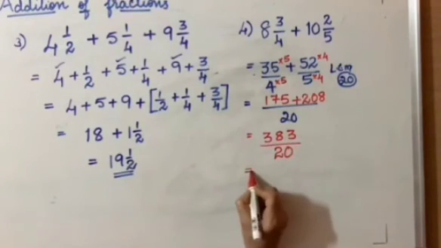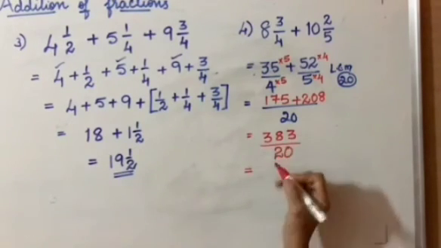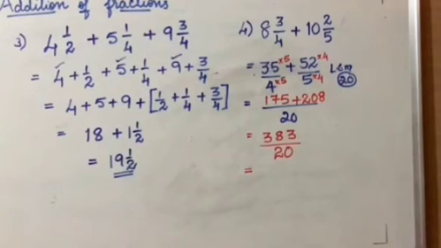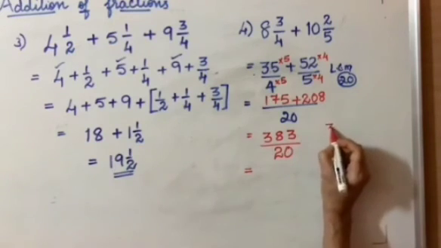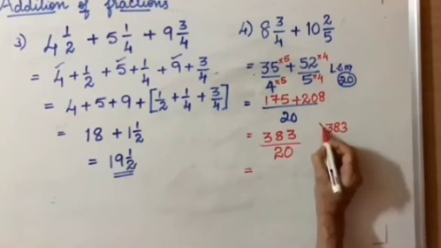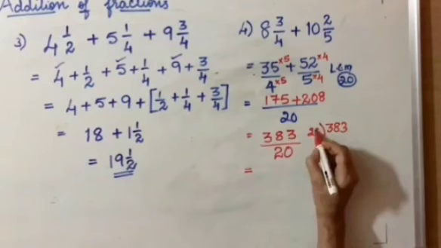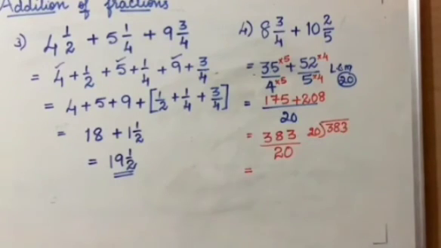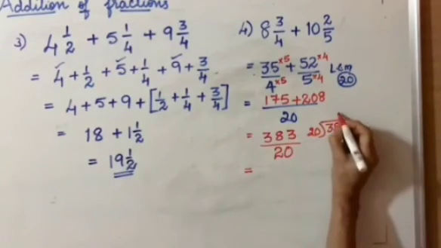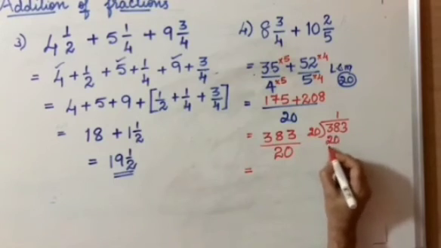So we have no choice but to convert it back to mixed form by dividing 383 by 20. So 20 ones 20.